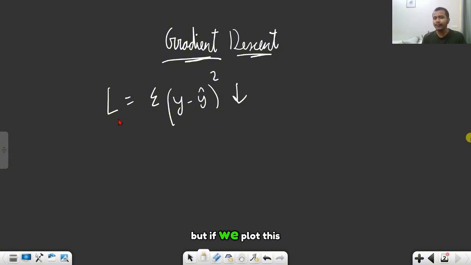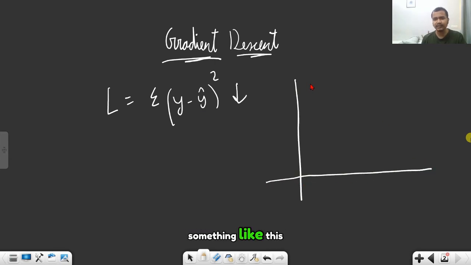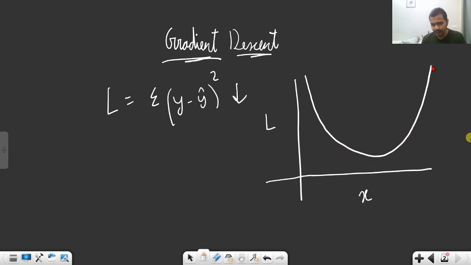But if we plot this loss function on a graph, we get a graph something like this. If we assume these are the x values and this is the loss value, it will come out to be a curve. It looks like an upward parabola because, as you can see, the degree is 2.